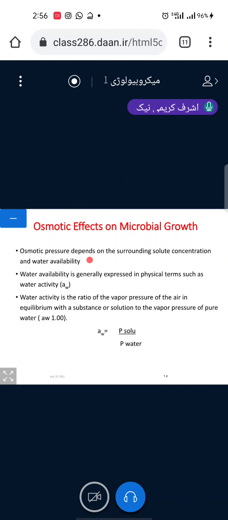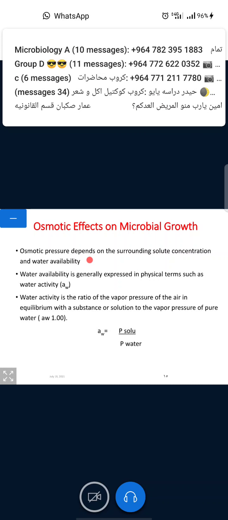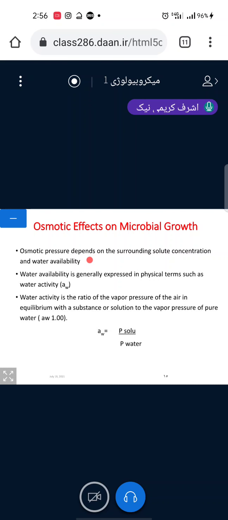Water availability is generally expressed in physical terms such as water activity, AW.